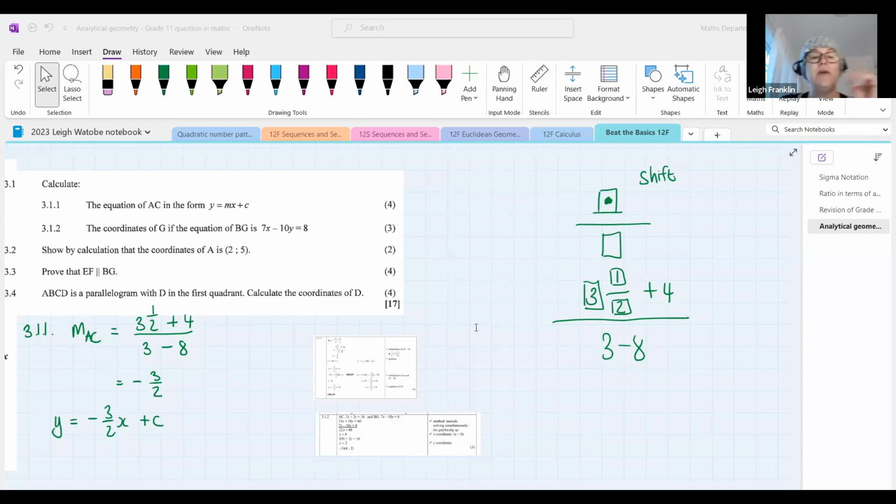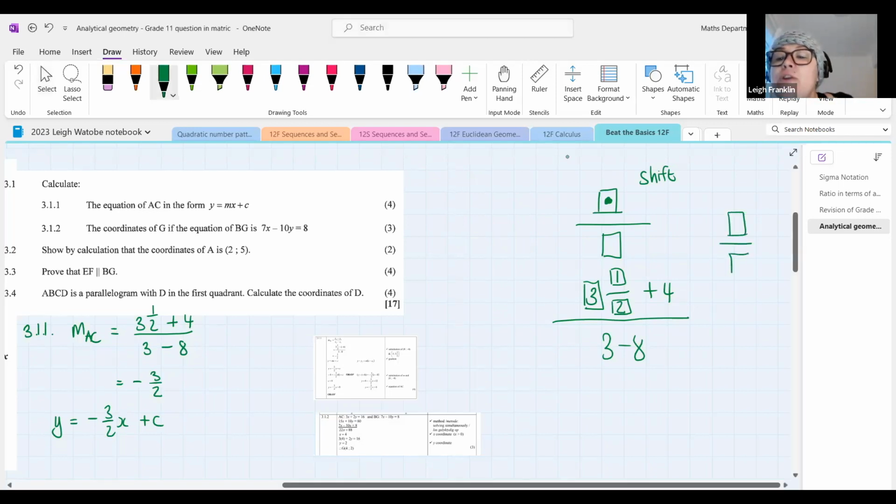And that's one of the reasons why I want to do questions like this with you, because so often what we think we're putting into the calculator and what we're actually telling the calculator to do are two different things. If you want to put in a mixed fraction, you press the fraction button. So let's say you want to put in 7.5.